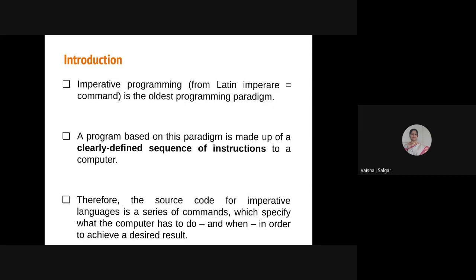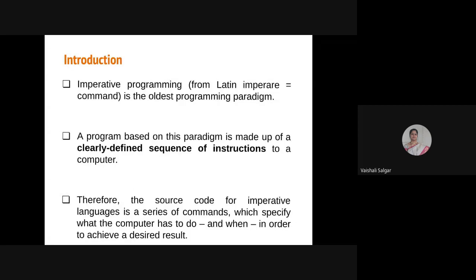A program based on the imperative paradigm is made up of a clearly defined sequence of instructions to the computer. If you remember, in the last unit we talked about imperative programming syntax and control flow statements.